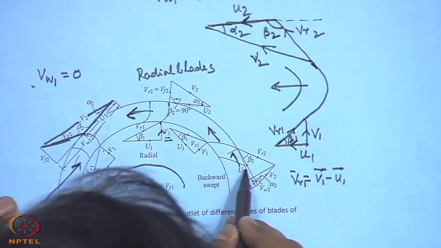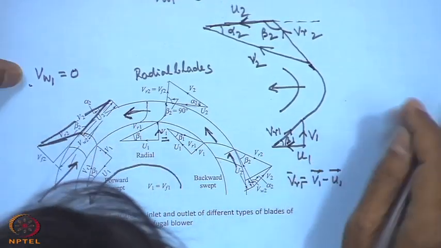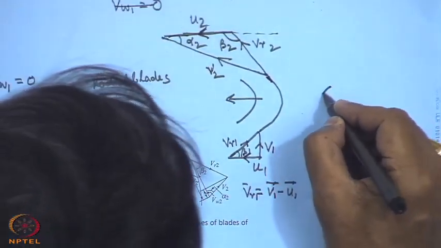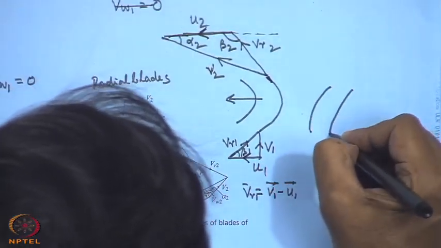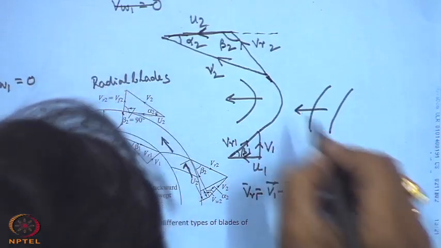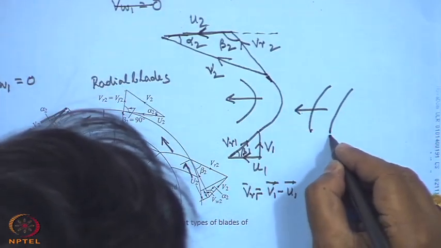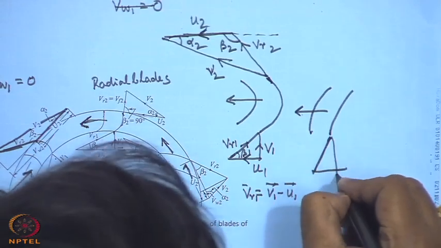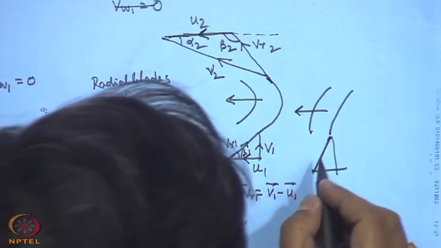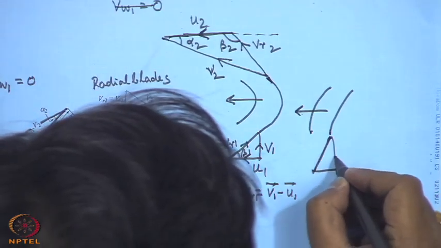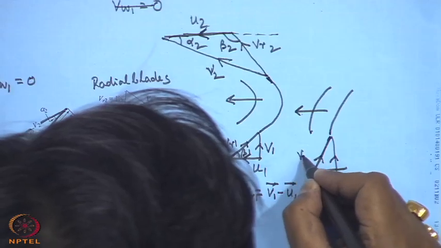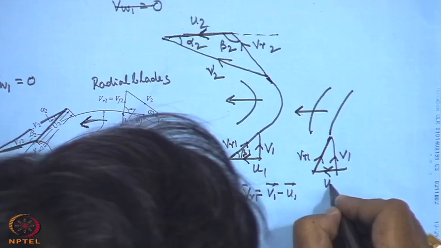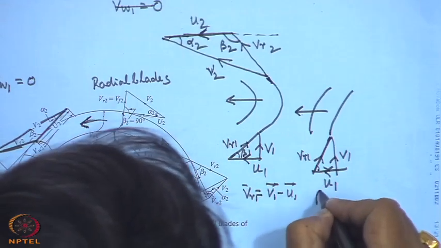Now, the backward swept one, I again draw it here. For the backward swept, what will that be? The curvature is in the opposite direction. That means, it is like this, in the opposite direction, but the direction of peripheral velocity is like this. So, here also, this is the inlet velocity triangle. This is VR1, this is V1, this is U1, and this angle is beta 1.